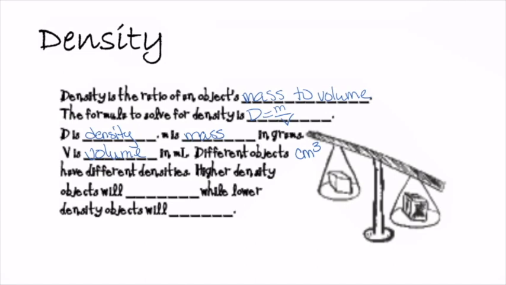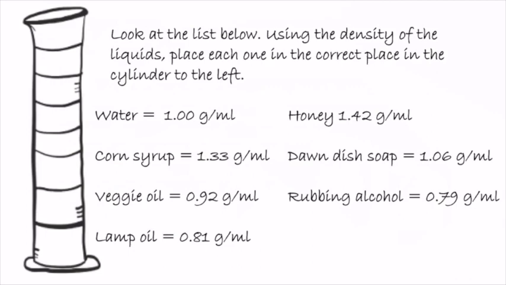Higher density objects are going to sink, while lower density objects are going to float. So look at the list below. Using the densities of these liquids, place each one in the correct place in the cylinder to the left.